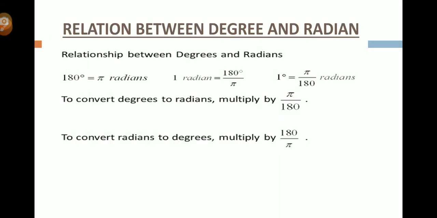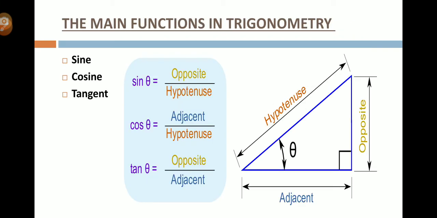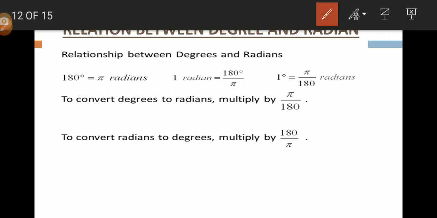Next, the relationship between degree and radian. If you want to convert degrees to radians, we multiply by pi divided by 180.